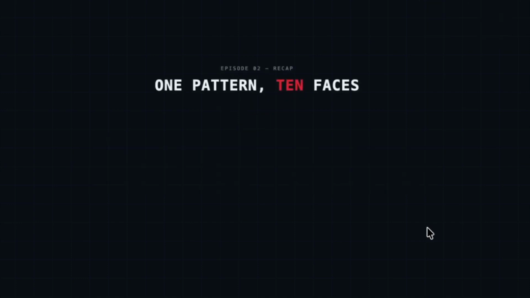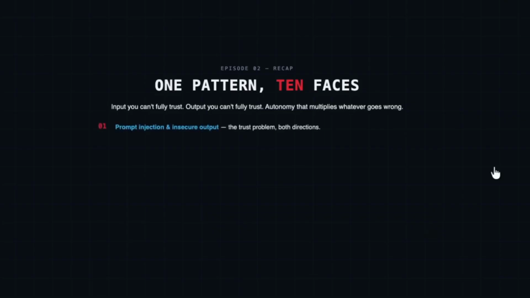We have seen the 10 risks, but notice the pattern underneath all of them. Input you can't fully trust, output you can't fully trust, and autonomy that multiplies whatever goes wrong. Everything on this list tracks back to that. Prompt injection and insecure output, the trust problem, both directions.